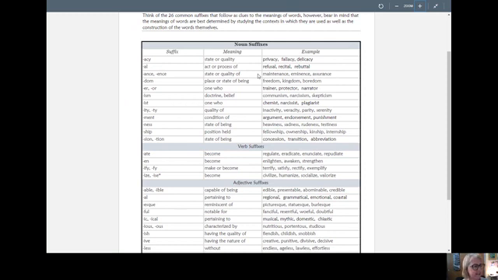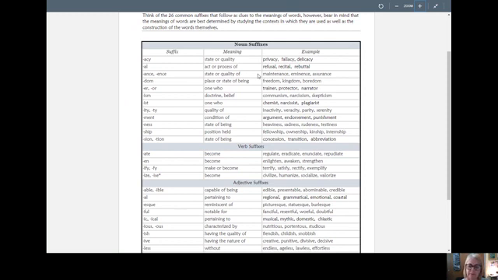So A-N-C-E or E-N-C-E, state or quality of. Maintenance: the base word is maintain, to keep something in working order. So maintenance is the act of keeping something in working order. We have maintenance of our vehicles, we have maintenance of our bodies when we exercise or whatever.